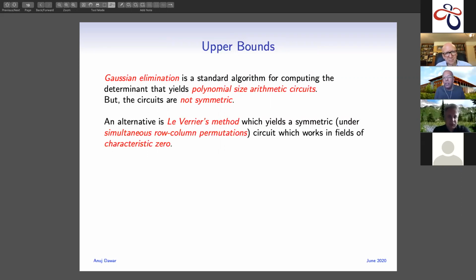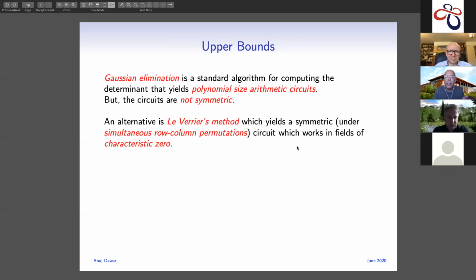Instead, we consider something called Leverrier's method, which basically computes the trace of higher powers of the matrix, and then by recursive operation on these traces, you can extract all the coefficients of the characteristic polynomial of the matrix. And we can show that it is symmetric at least under simultaneous row and column permutation.